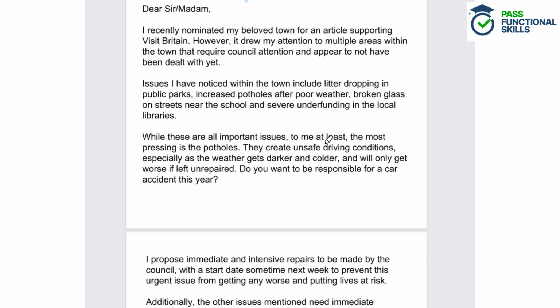While these are all important issues, to me at least, the most pressing is the potholes. They create unsafe driving conditions, especially as the weather gets darker and colder, and will only get worse if left unrepaired. Do you want to be responsible for a car accident this year?